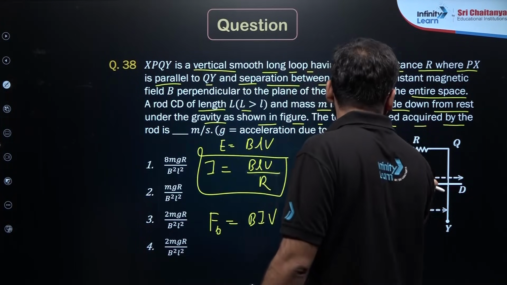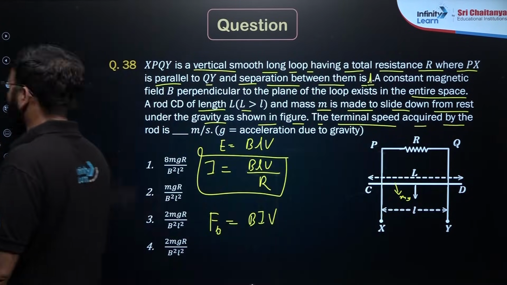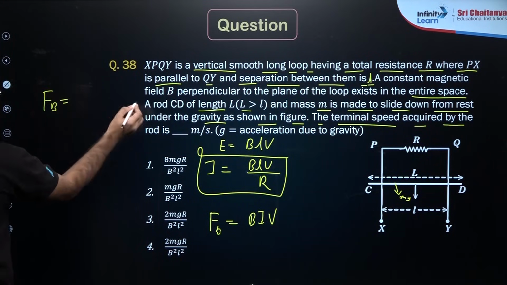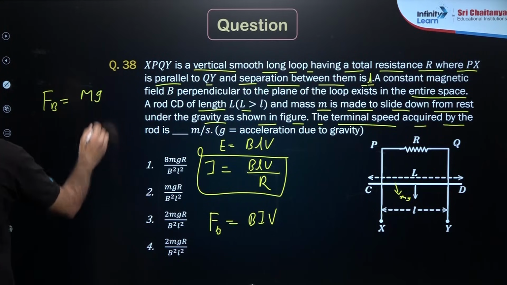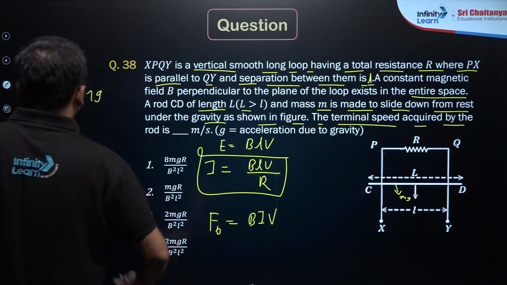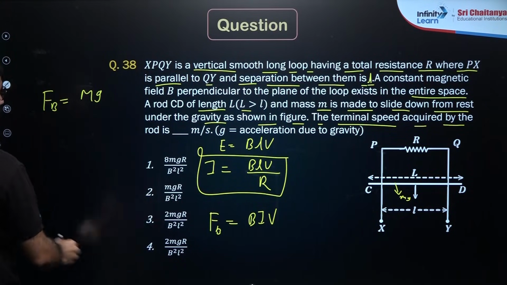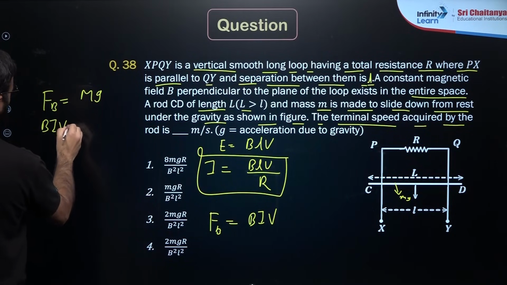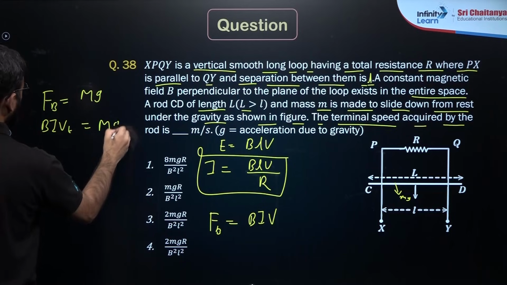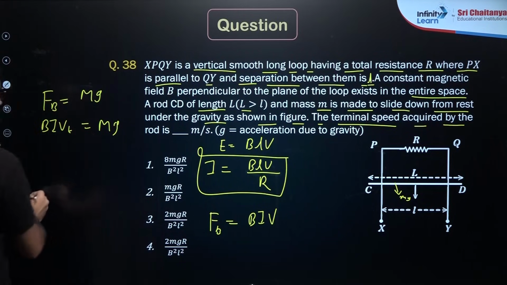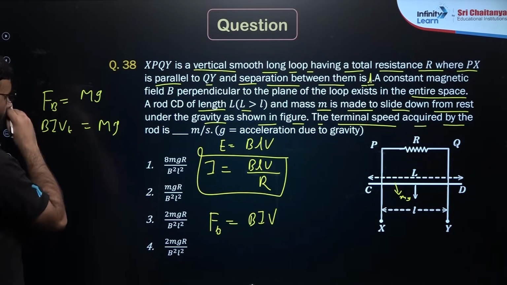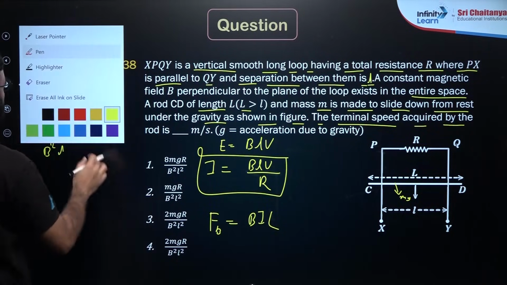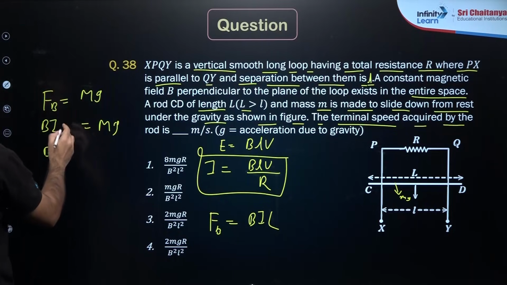Terminal velocity means mg and FB are both equal. FB equals mg when its velocity is this one. So just put F equals BIL and the current I is this one. So B square L square into VT, BIL, again I made a mistake here, BIL.